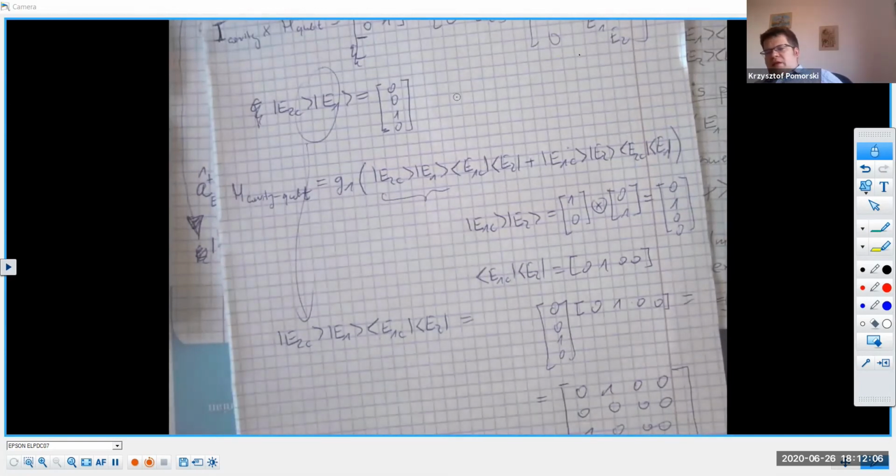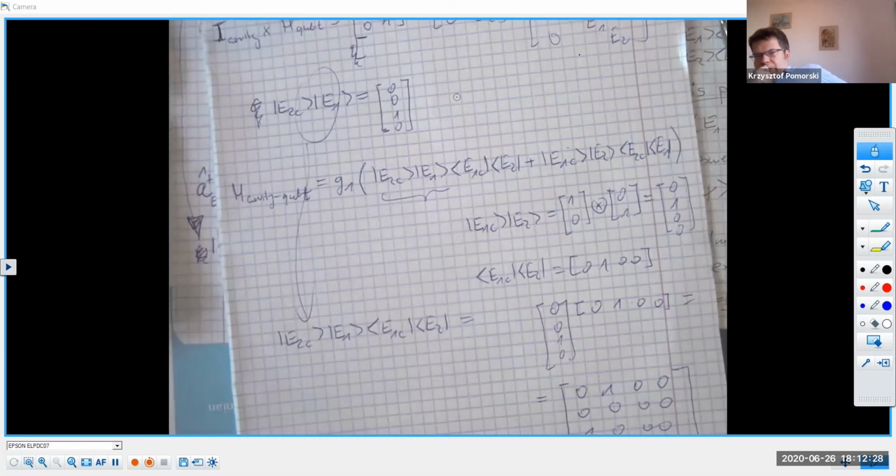So the stronger this interaction of matter and radiation, the stronger the cavity-qubit interaction, the more entanglement we have in the system.